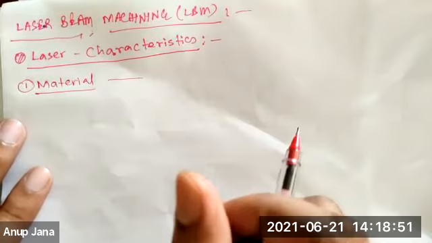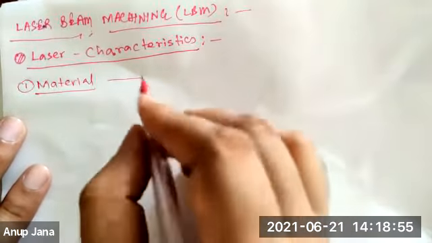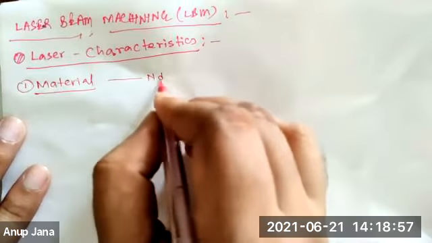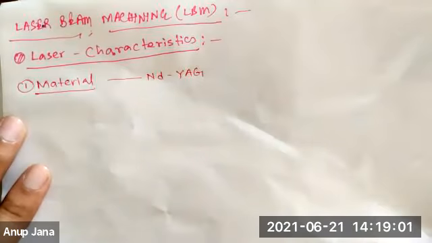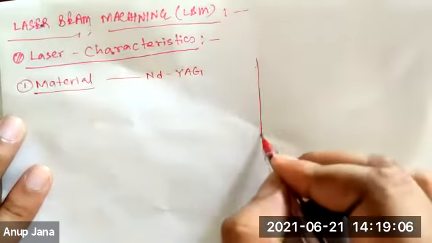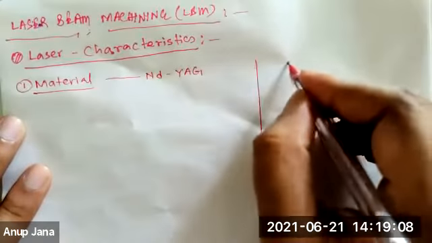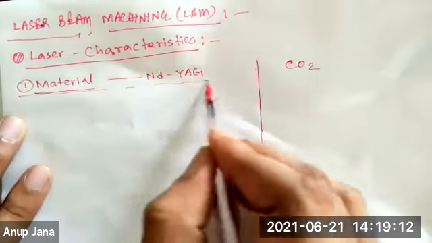I said that we can use two types of lasers, one is solid state, another one is gas, but mostly we use ND-YAG type laser, and we use CO2 laser. Okay, so this is number one.